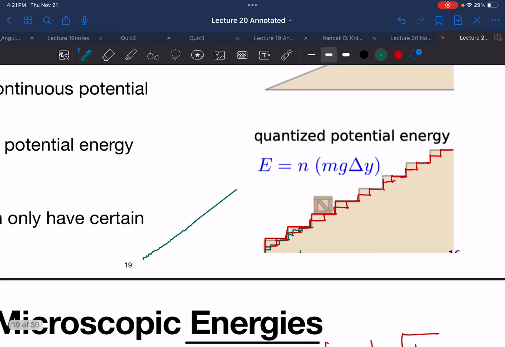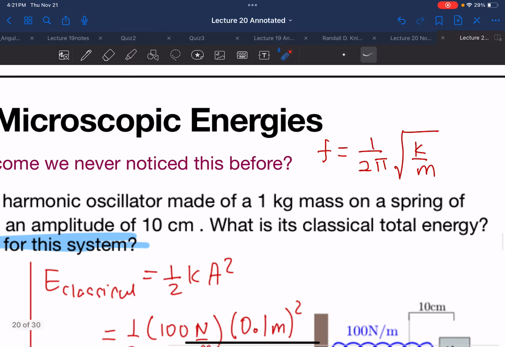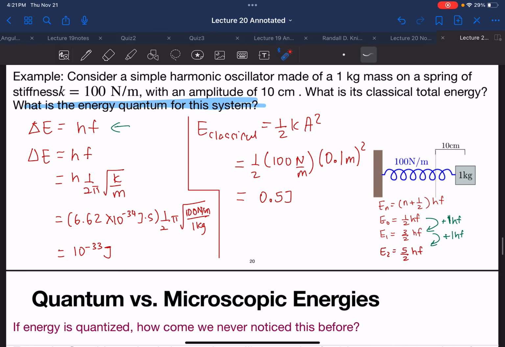So the reason why in our macroscopic world we don't realize that the potential energy of a box is quantized, or the energy of a mass on a spring that is oscillating side to side is quantized, is because the steps are so tiny that we don't notice them. So this helps make some sense of why the quantization of energy is not obvious and not noticed in our macroscopic world.